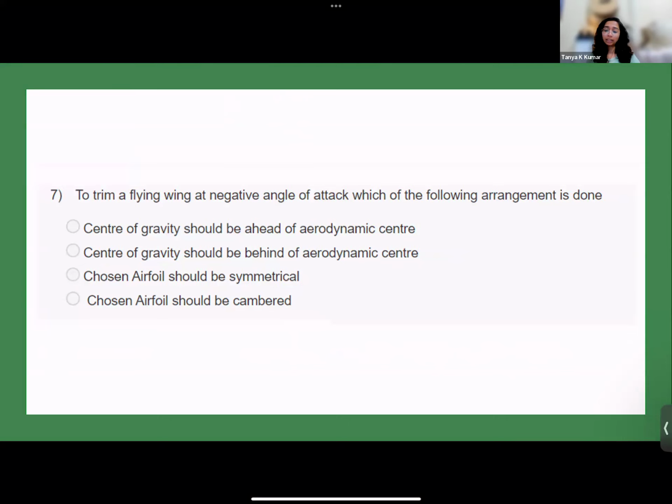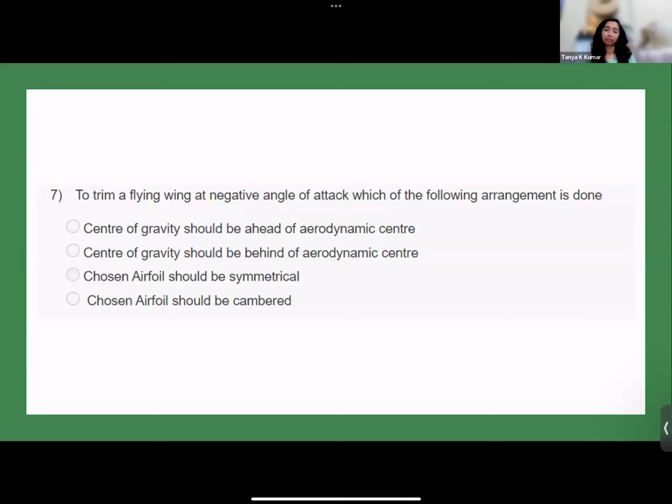To trim a flying wing at negative angle of attack, which of the following arrangements is done? The right answer.